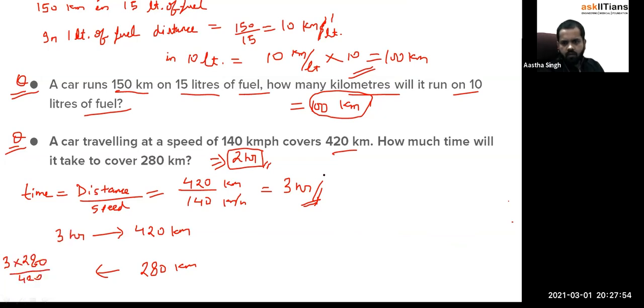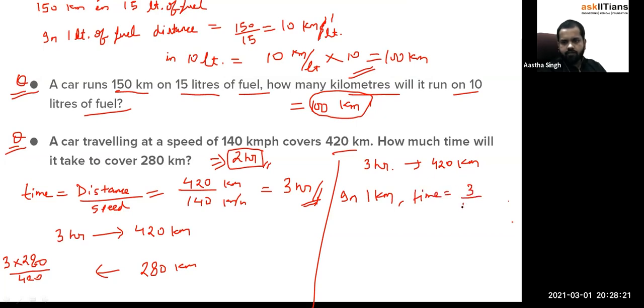For the unitary method, in 3 hours you are covering 420 kilometers. Just find out the unit of 1 kilometer: how much time it will take for 1 kilometer. Time for 1 kilometer will be 3 upon 420.